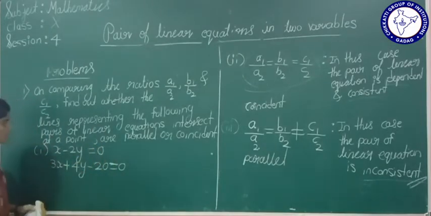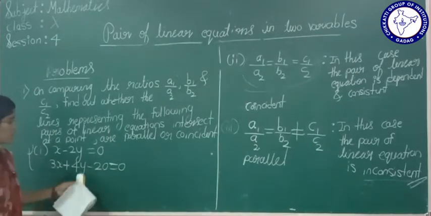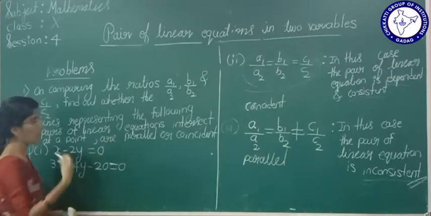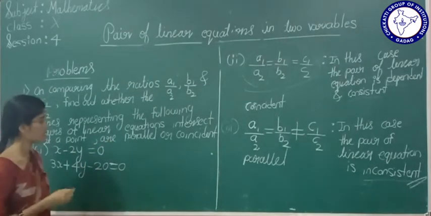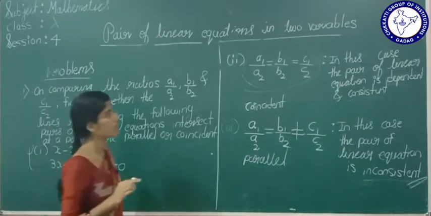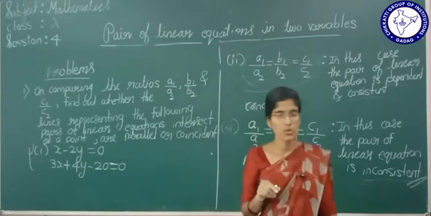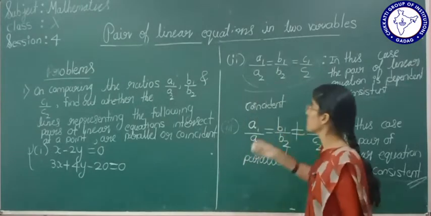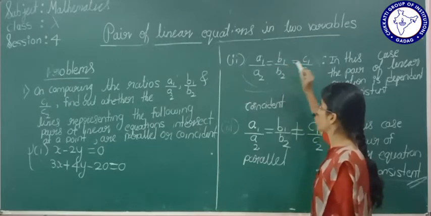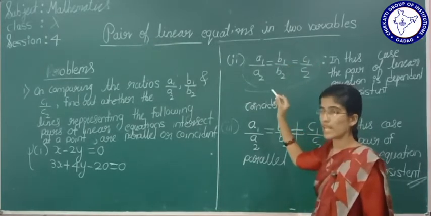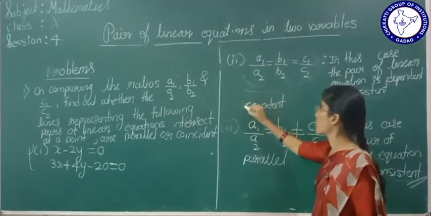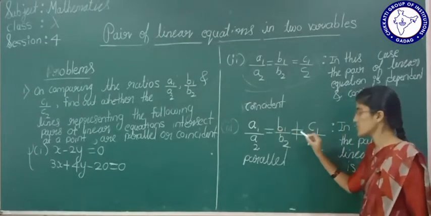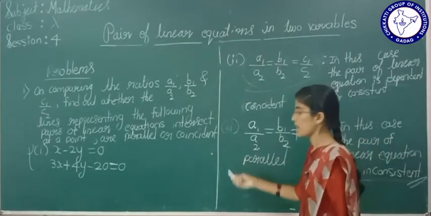Now, students, without using a graph, tell me whether the lines will be intersecting, parallel or coincident. The first condition: if a1 by a2 is not equal to b1 by b2, definitely the lines will intersect. If a1 by a2 is equal to b1 by b2 is equal to c1 by c2, then the lines will be coincident. If a1 by a2 is equal to b1 by b2 is not equal to c1 by c2, then they are parallel.